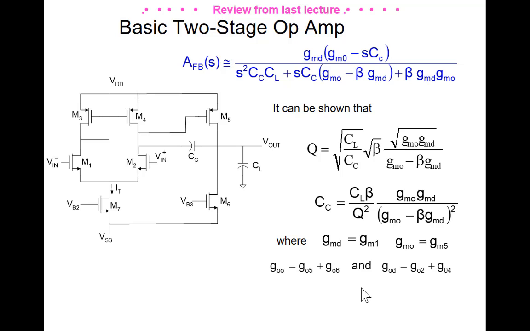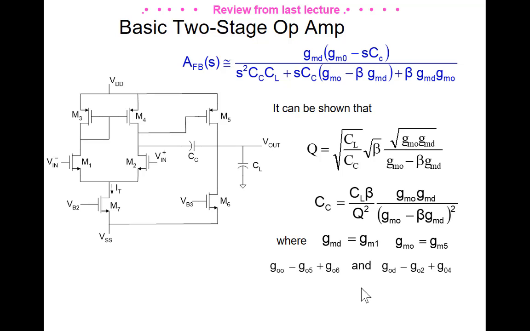Garrett? Just plug in the GMs and... You know, listen to the question carefully. How would the expression in the upper right change if I had a telescopic cascode stage here? It wouldn't. That expression applied for any two-stage amplifier with Miller compensation.